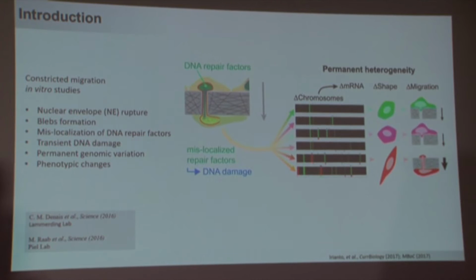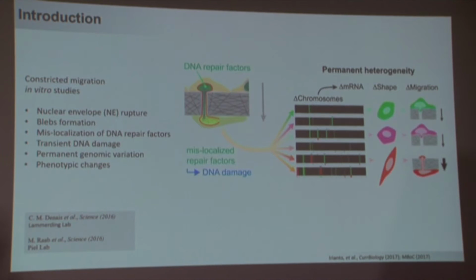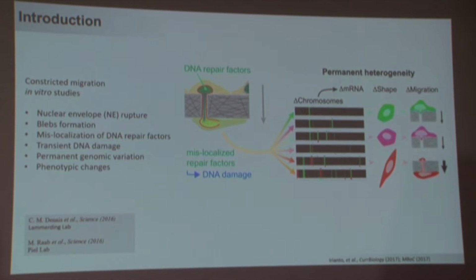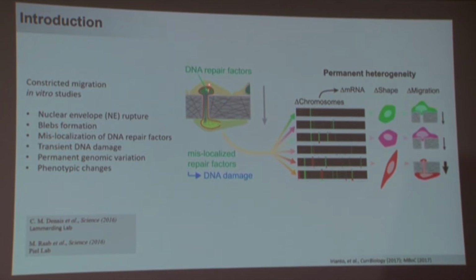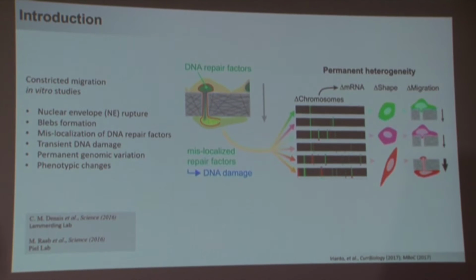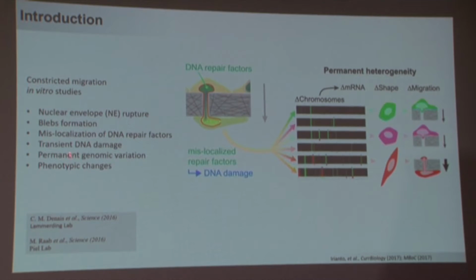And recently some labs actually did a lot of work on constricted migration in vitro, including Discher's Lab, and they all show with different assays that they see nuclear envelope rupture. There's always some bleb formation after the cell migrated through these constricted spaces.